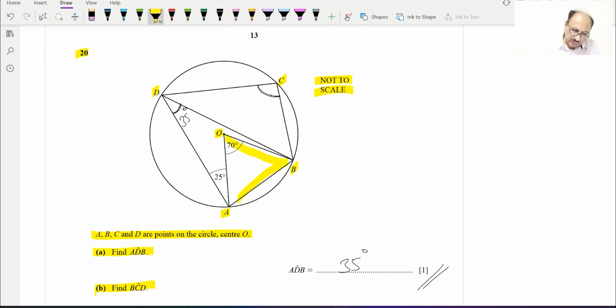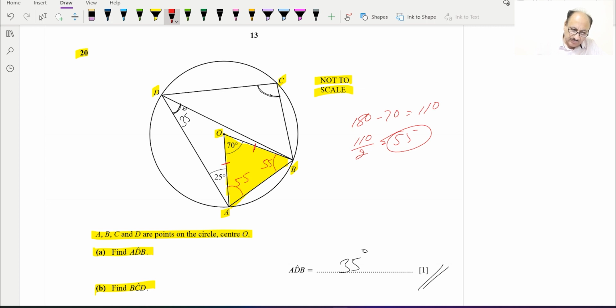In this triangle, 2 sides are equal, so it's an isosceles triangle. This side is a radius, this is also a radius, so this angle will be equal to this angle. So 180 minus 70 will be equal to 110, and 110 divided by 2 will be 55. So this will be 55 and this will also be 55.